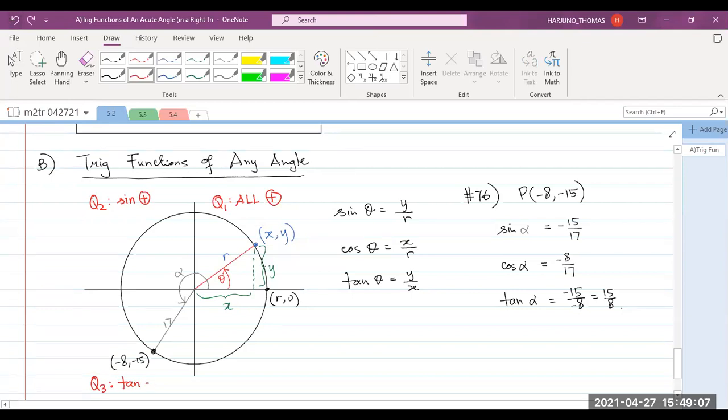And in quadrant 4, likewise, of those 3 functions, only cosine is positive. So the way you memorize is this. Quadrant 1, all positive. Quadrant 2, sine is positive because y is positive. Quadrant 3, tangent is positive because both x and y are negative, and negative over negative becomes positive for tangent. All, sine, tan, cos.